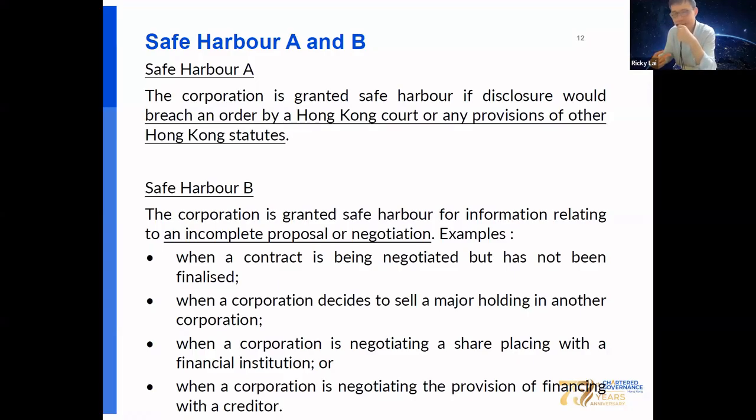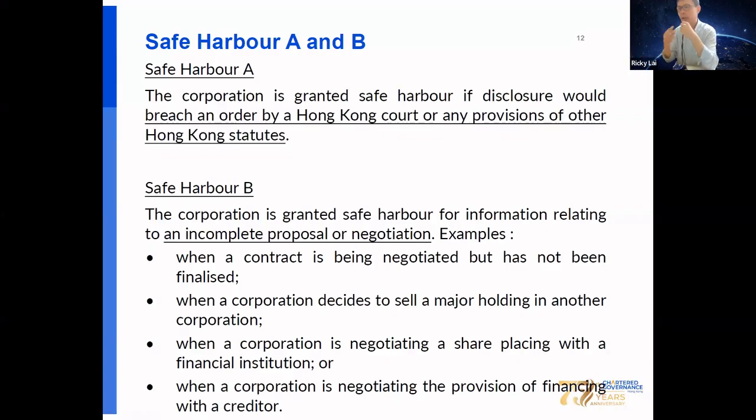And the second one, which is the most important one, safe harbor B, is commonly applied by many listed companies. That is, the corporation is granted safe harbor for information relating to an incomplete proposal or negotiation.